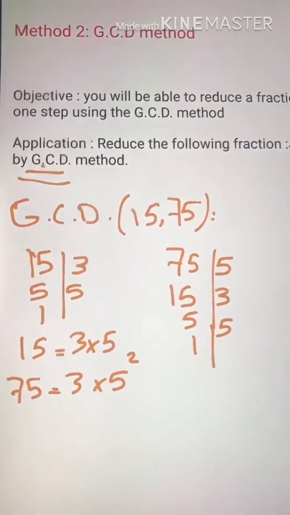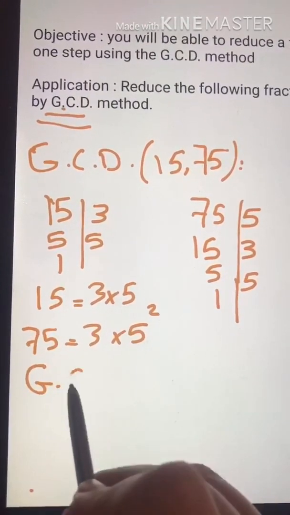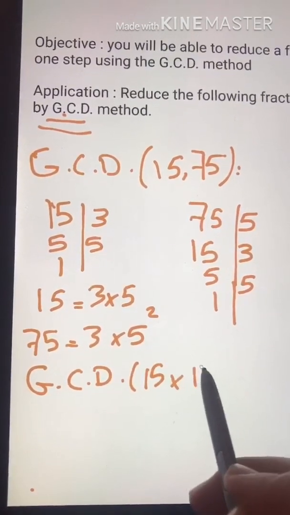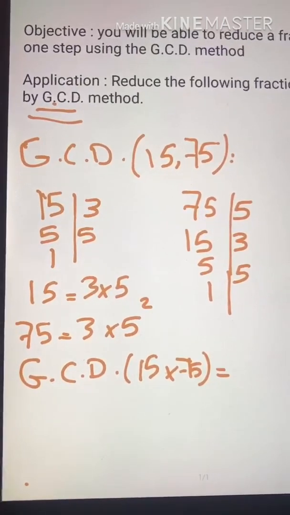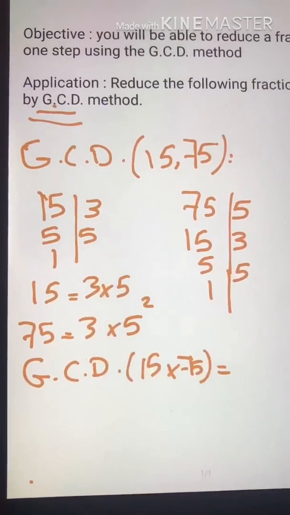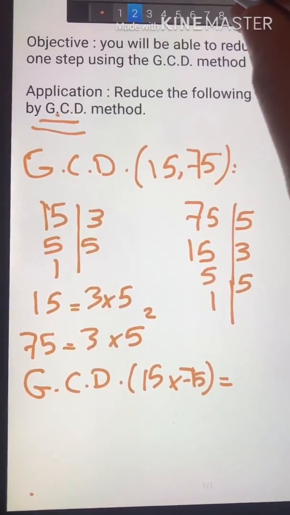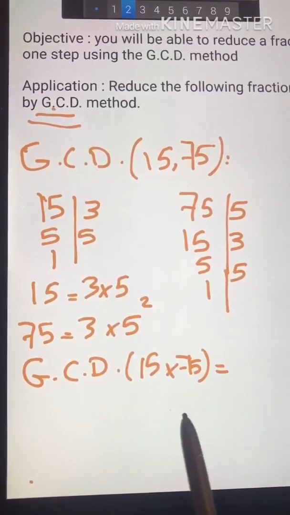Now I have to find what? The GCD. The GCD of 15 and 75: if I want to find the GCD, I have to choose the common factors with the smallest exponent.